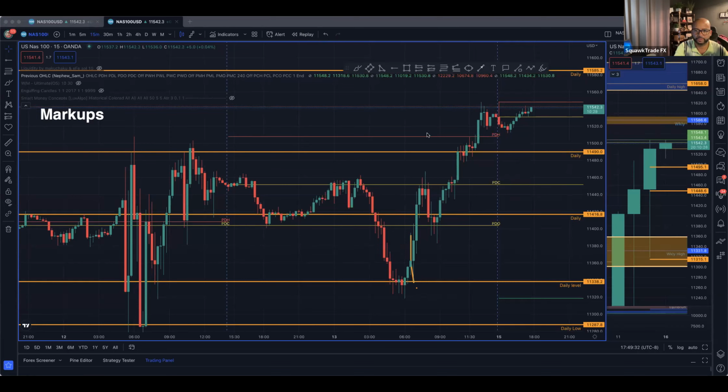Right, markups. So I mark up daily, weekly levels: weekly open, high, low, close for each candle. I'm not marking swing highs and swing lows on those.